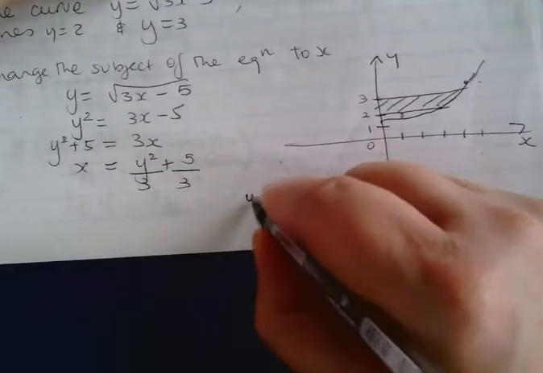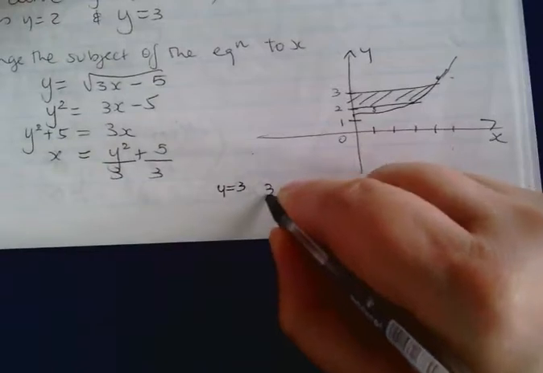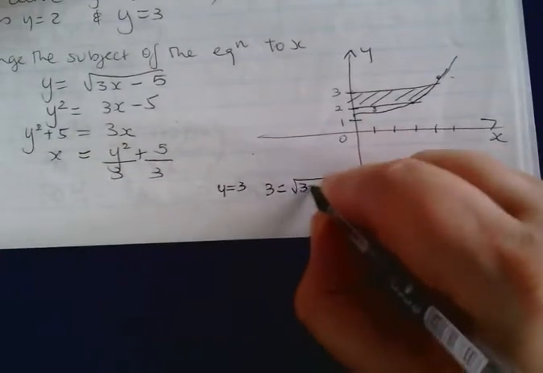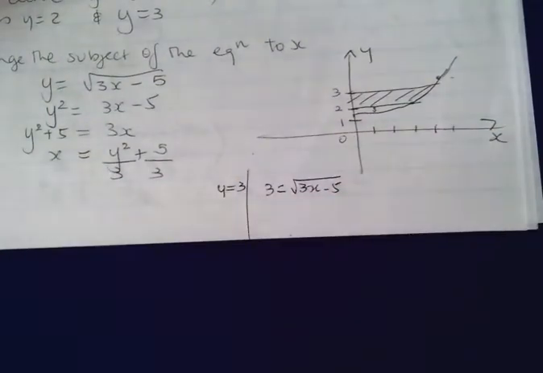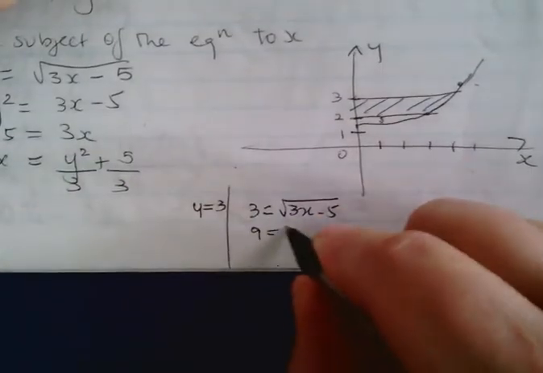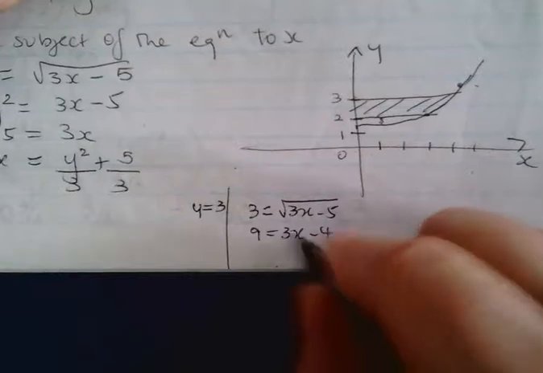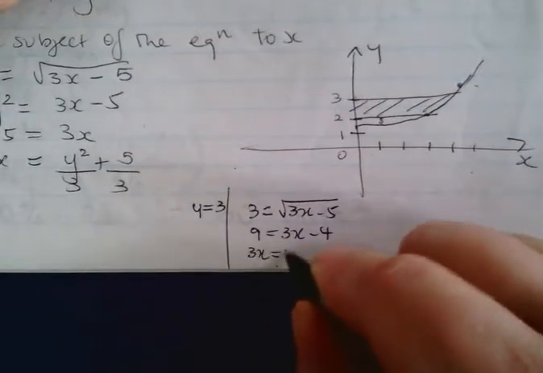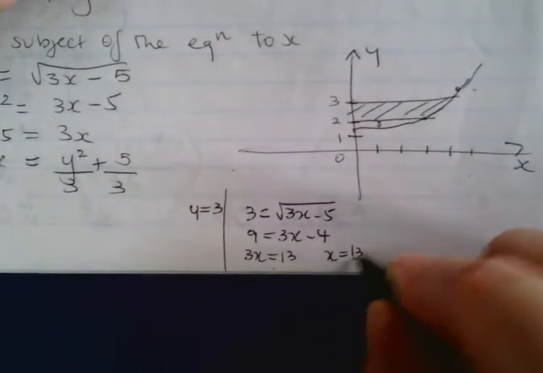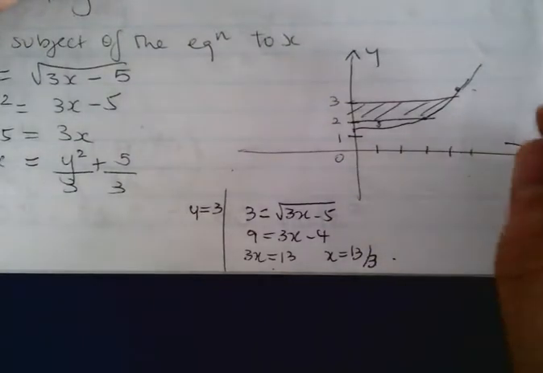See, if I put y is 3, I get 3 is the square root of 3x minus 5. How could I solve that? Square both sides. 9 is 3x minus 5. 3x is 14. X is 14 on 3. So it's about 4-ish.